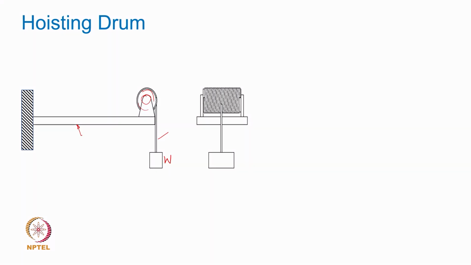We assume that the platform or beam here has a stiffness Kb, and the wire, being thin enough, small diameter, made of steel, has its own stiffness Kr.